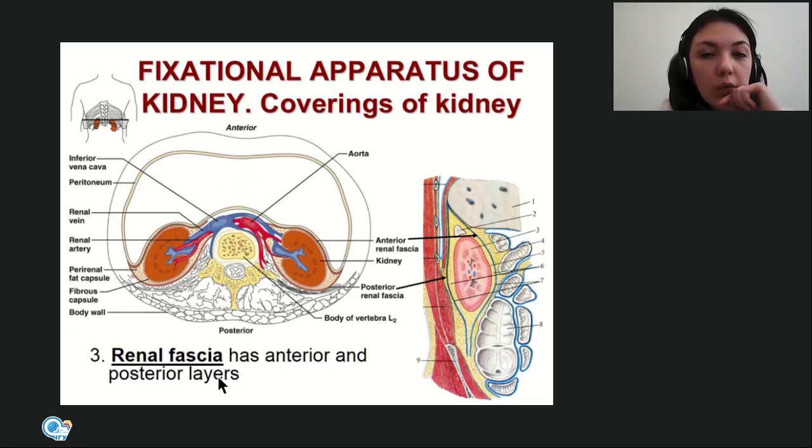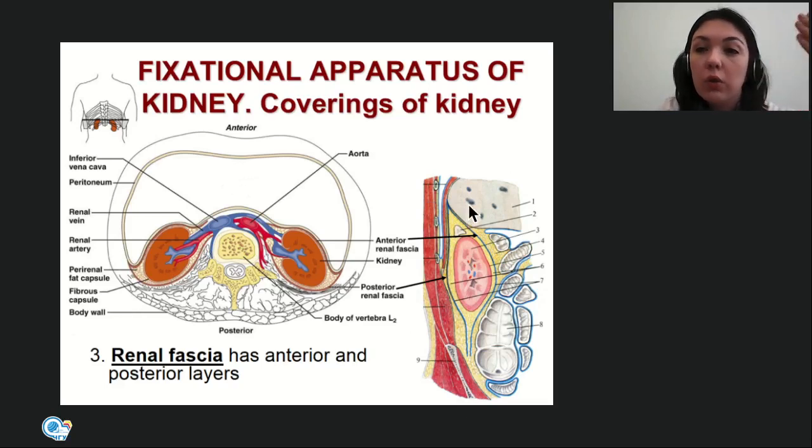Posterior layer of renal fascia starts also from lateral margin, and it covers posterior surface of the kidney, and at the lumbar vertebrae, it is attached to lateral margins of the bodies of lumbar vertebrae, so it does not continue in front of the vertebrae, but it continues laterally from the lumbar vertebrae and again covers posterior surface of the other kidney, and laterally it joins anterior layer.